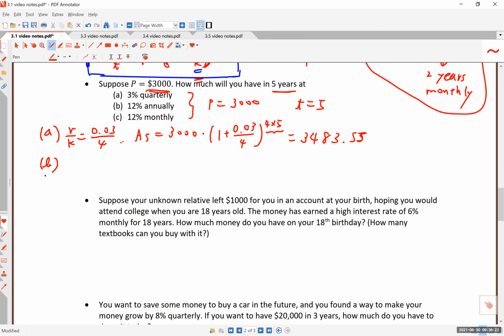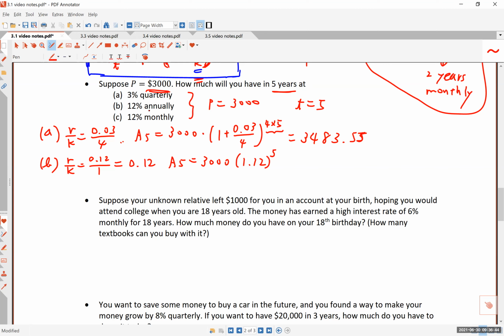For B, it's 12% annually. R over K is, of course, 0.12 divided by 1, right? And that's 0.12. So this is the simple thing that we did on the front page, and that's 1.12 raised to the 5 years.